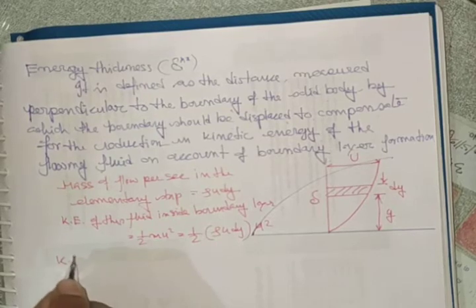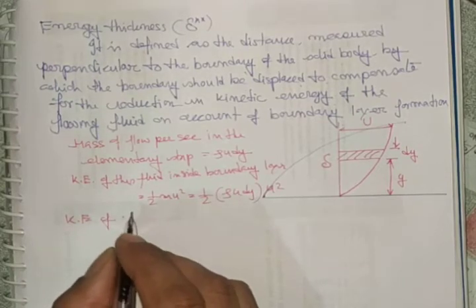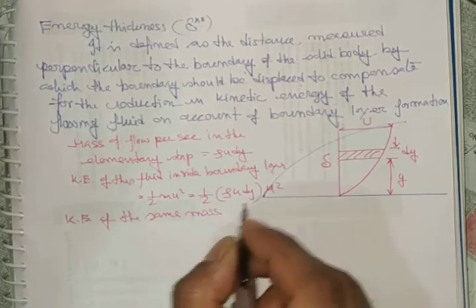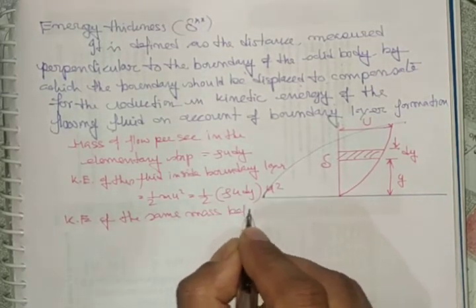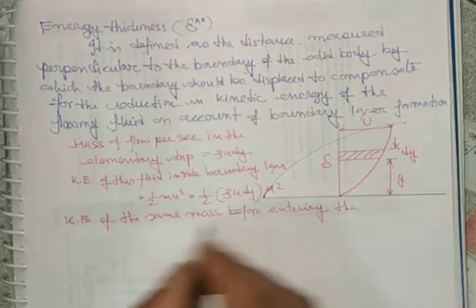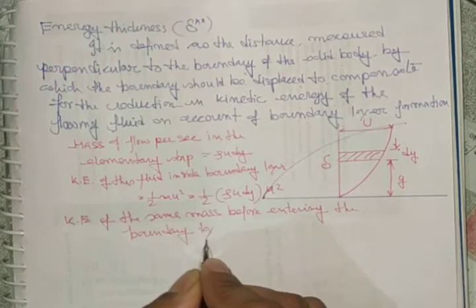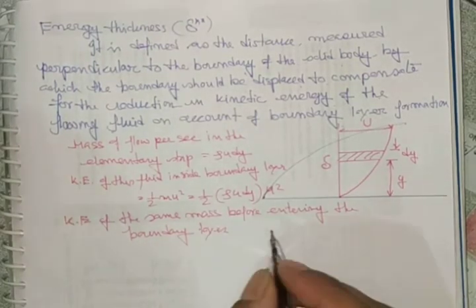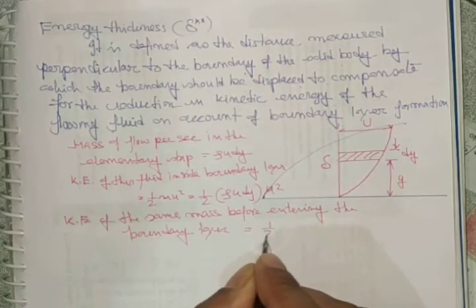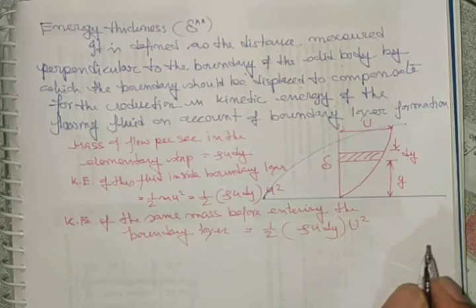So similarly kinetic energy of the same mass before entering the boundary layer is given by half of this same, it will be same capital U square.